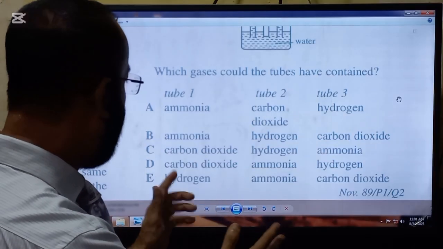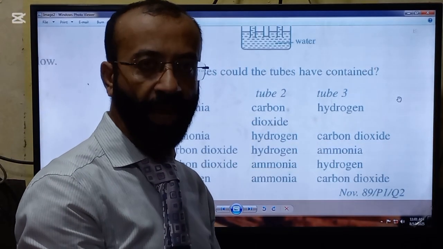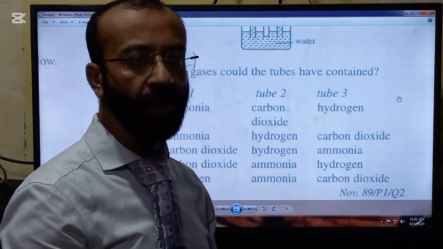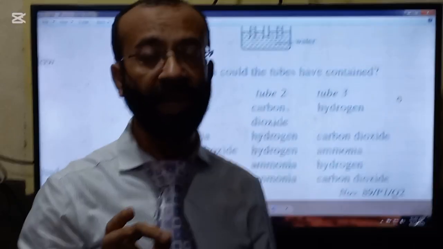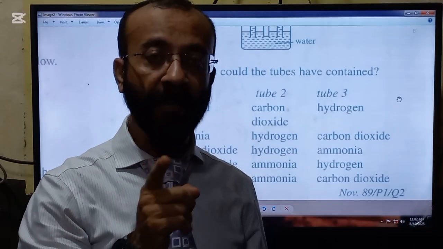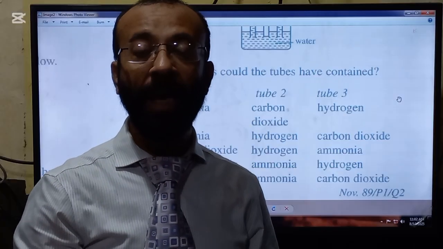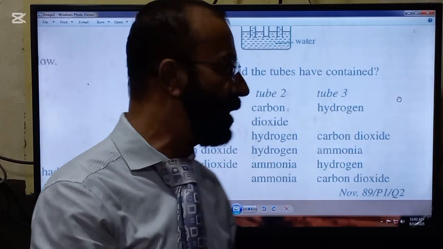So we have to understand which gas is more soluble in water, which is less soluble, and which is least soluble. So remember one thing, ammonia is the most soluble gas in water. Then comes carbon dioxide, that is less soluble in water, and hydrogen is least soluble in water.